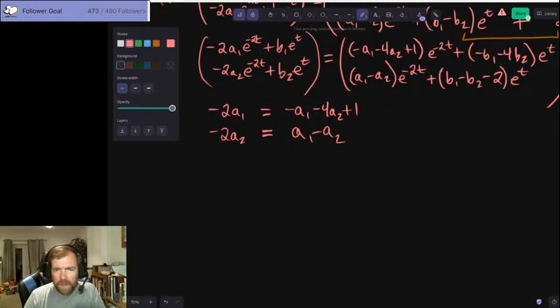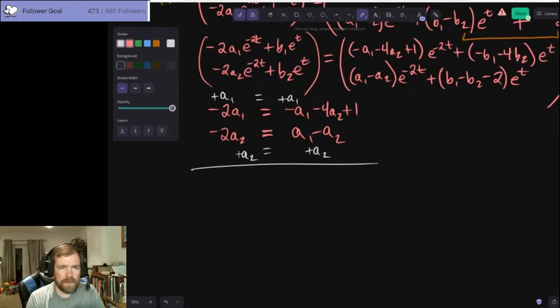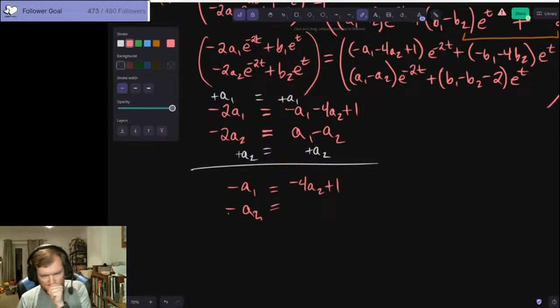Okay, so if we add A1 to the first equation and add A2 to the second equation, it simplifies things rather nicely. We end up with a negative A1 and a negative A2, which are individually equal to negative 4A2 plus 1 and A1.